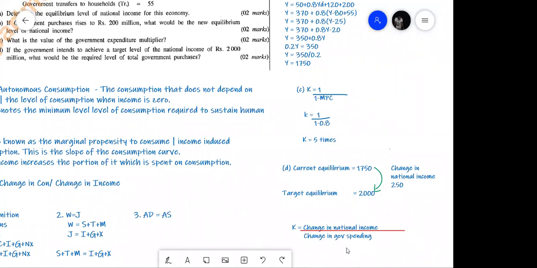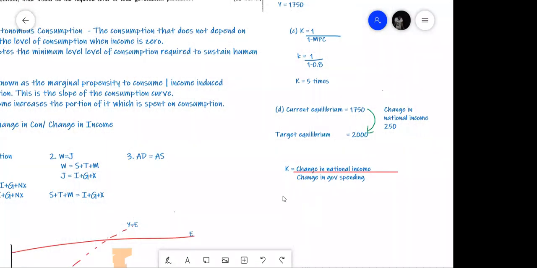Can you tell me how much is the change in government spending required? Move things around. The multiplier is 5, so change in government spending is 250 divided by 5.